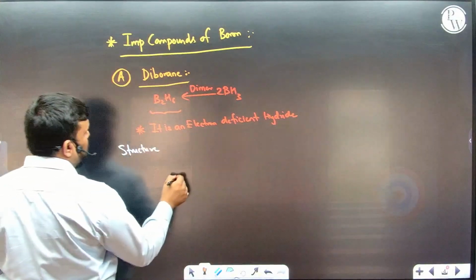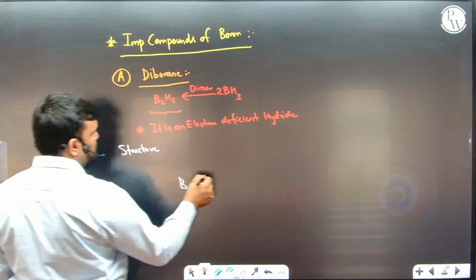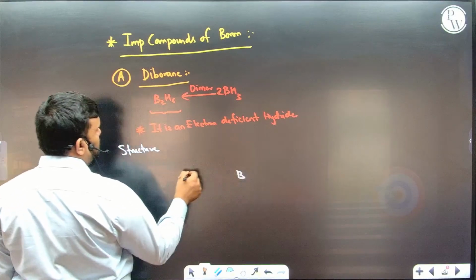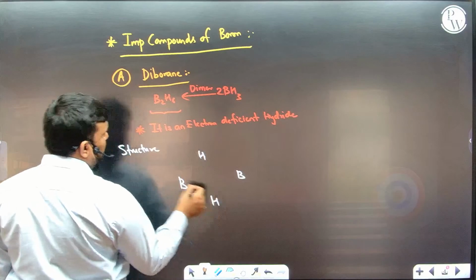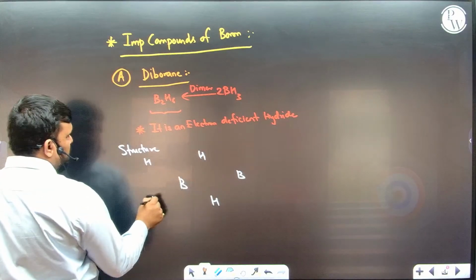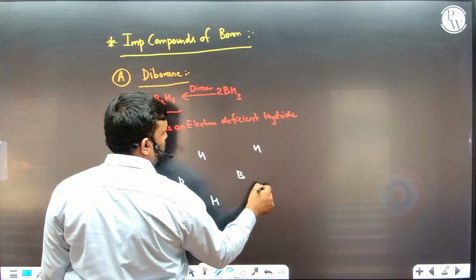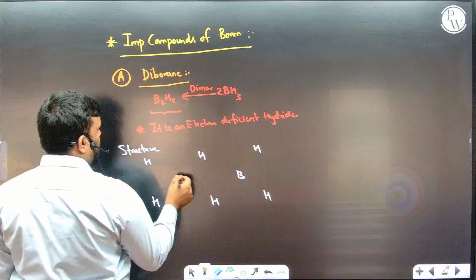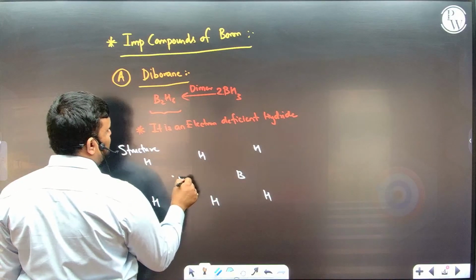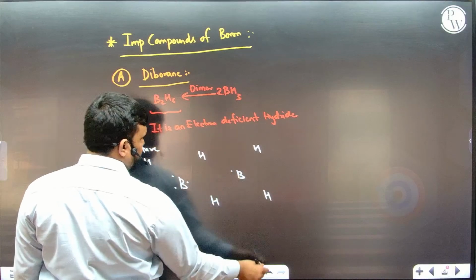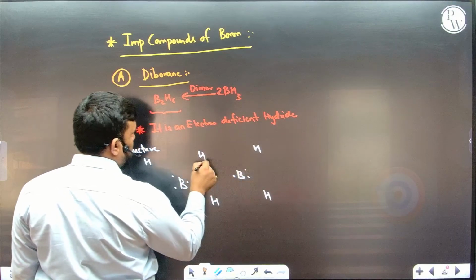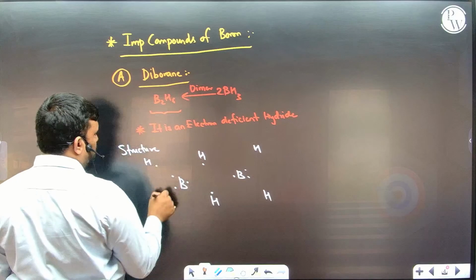So what is the structure of B2H6, diborane? We have 2 borons and 6 hydrogens over here. Every boron has 3 valence electrons. Every hydrogen has 1 electron.